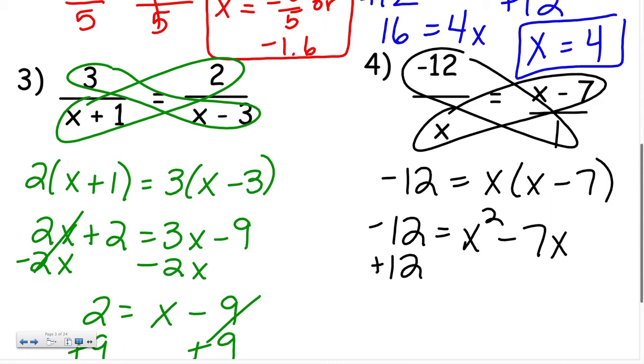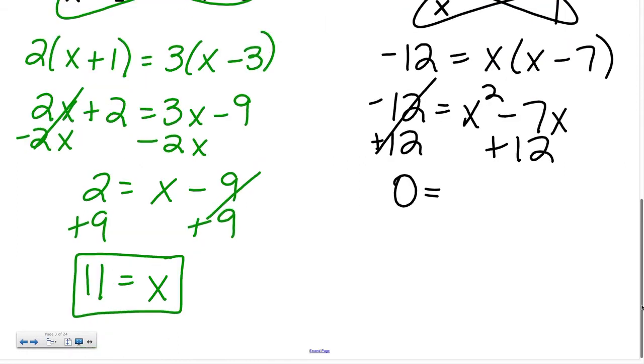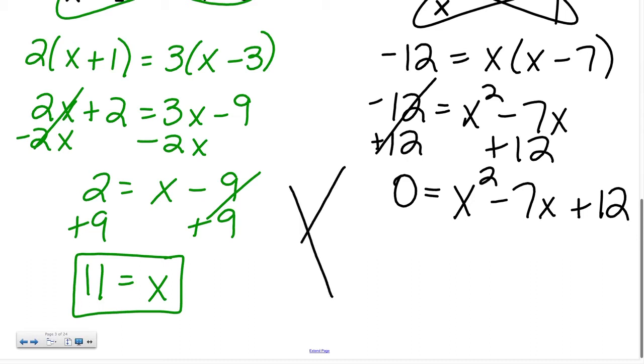We'll set it equal to 0, and we'll add 12 to both sides. Now, none of those things on that right side, x squared, negative 7x, and positive 12, are like terms. I can't combine them anymore, but now I've got a trinomial, and I can do the x method for it.